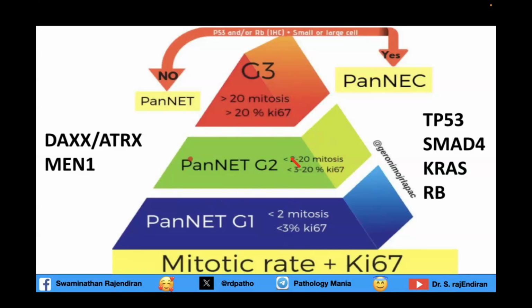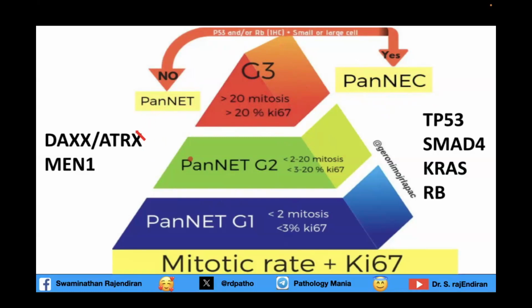Always remember the middle. And when you talk about grade 3, you may be thinking how to differentiate it from pancreatic neuroendocrine carcinoma, because that is also grade 3, even though there is no need to grade. We have to do P53 and retinoblastoma IHC. They are normal in pancreatic neuroendocrine tumor, but they are abnormal in pancreatic neuroendocrine carcinoma.